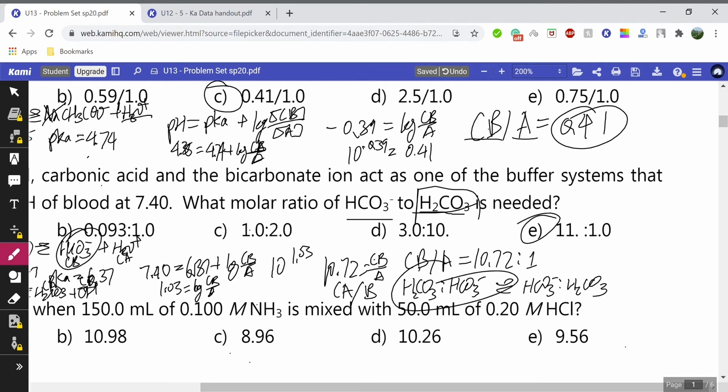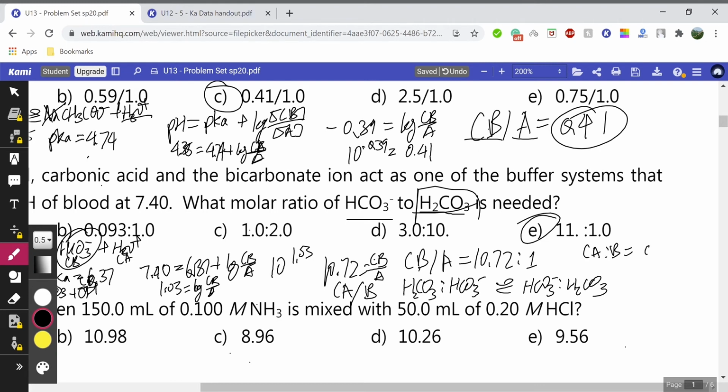And now I did the math already, so if you use the conjugate base method, in the end you'll get the ratio of conjugate acid to base will be 1 to 0.09. You can do the whole process to make sure your answer matches mine. So you have 1 to 0.09, but you want the opposite, right? You want the conjugate base to the acid.